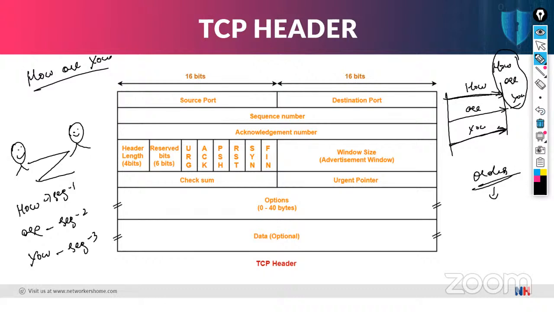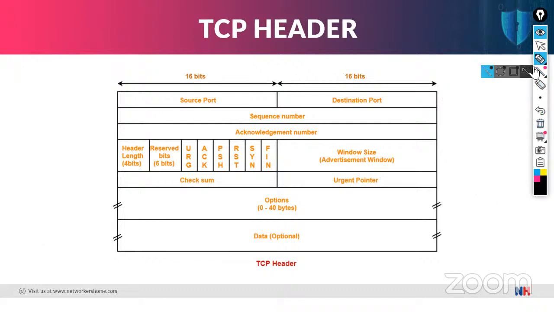So to maintain the order of the data, we have sequencing, and also we have this particular sequence number, which is a 32-bit field, and it's a randomly generated number, guys. You will get a clear picture on what the acknowledgement number is also. So now let us go with the sequence number.